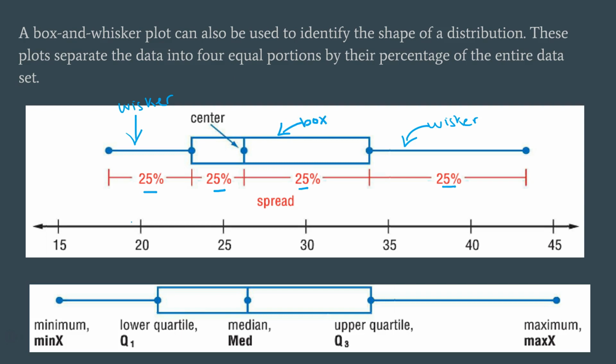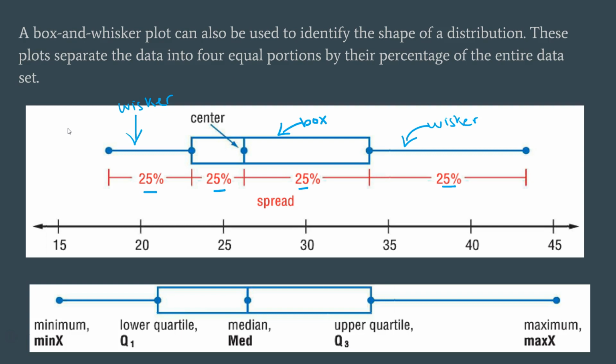If you're looking down here with the number line, you can see all the different numbers. So I know that right here, the center is just about 26, 27, which I know is going to be the center. This is just to go over what exactly each of these things are.